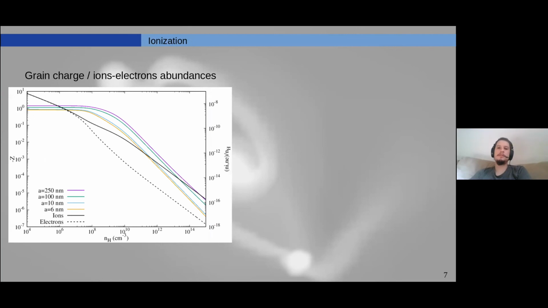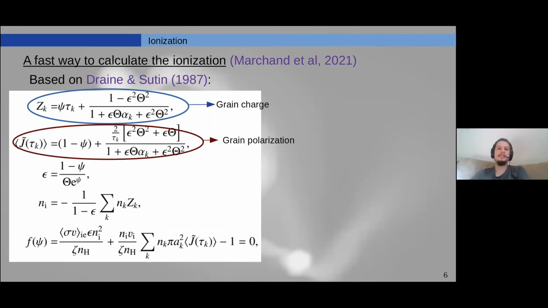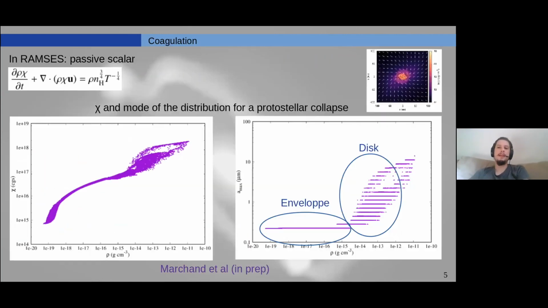For now, the best we can do is to limit the growth of the grains based on a fragmentation model. So if we are able to derive a fragmentation threshold for the grains based on their size, the density, whatever, we can limit the growth of chi, and that's actually what we're doing here.